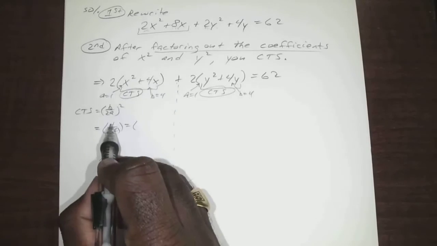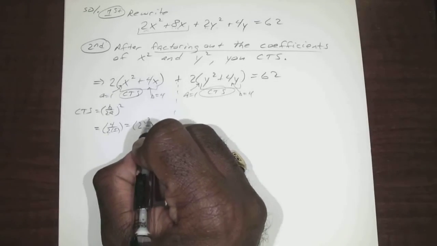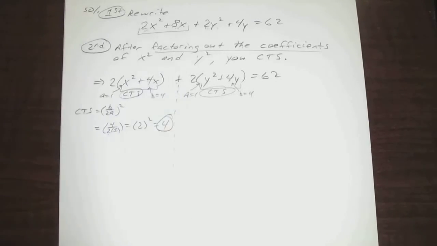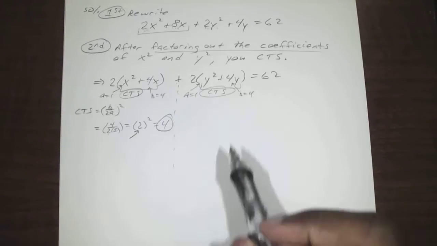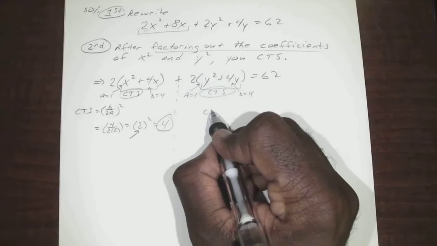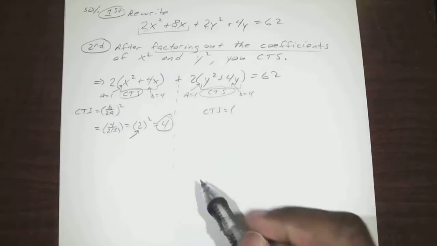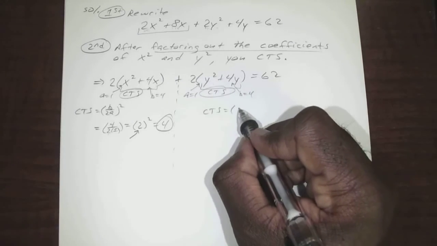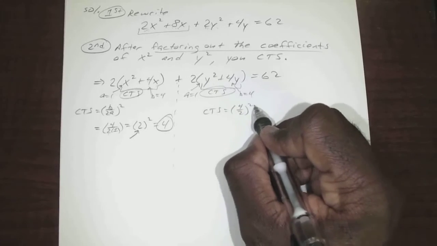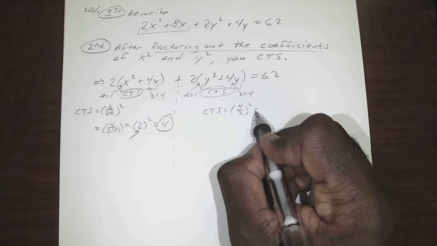Okay, so that's just 4 divided by 2, which is 2 squared, which is 4. And remember that value. Same thing on this side. You're completing the square. It's 4 divided by 2 squared, which is 2 squared.